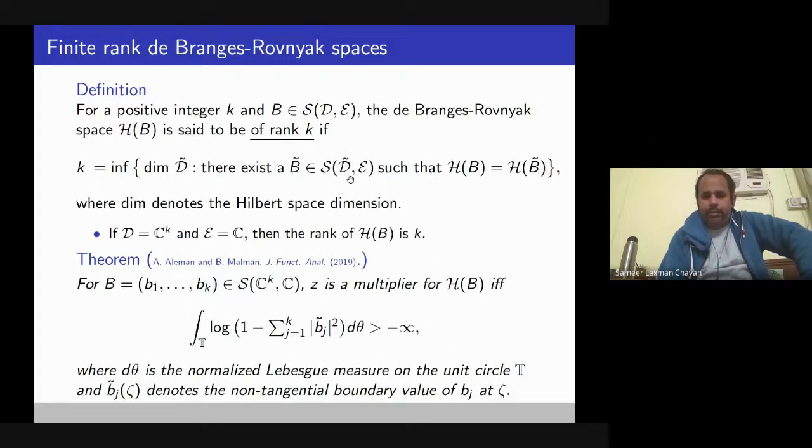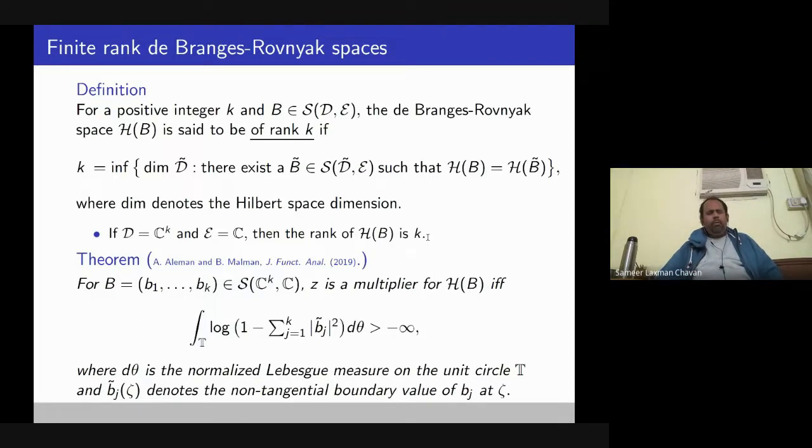Okay, and B tilde is a Schur function from D tilde into E. And you take the infimum. Okay, so you expect that this K is finite, and if K is finite, then you call the de Branges space to be of finite rank, and the rank is precisely K. And one of the examples is that if you take D to be C^k and E to be C, then the rank of H(B) is precisely k. Okay.